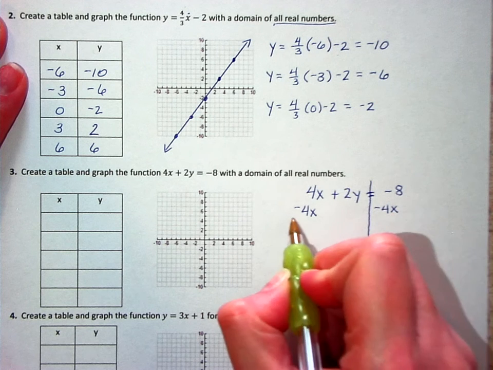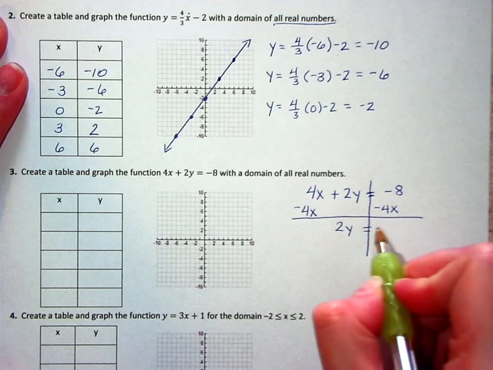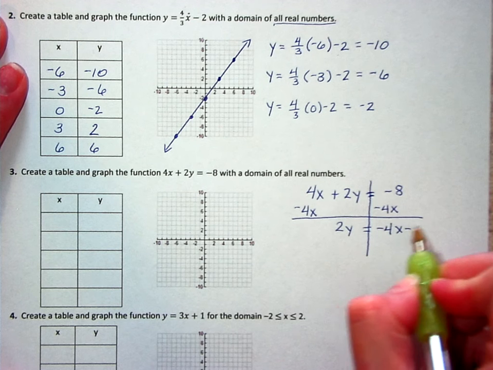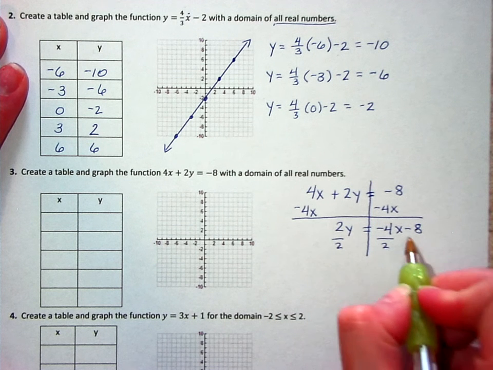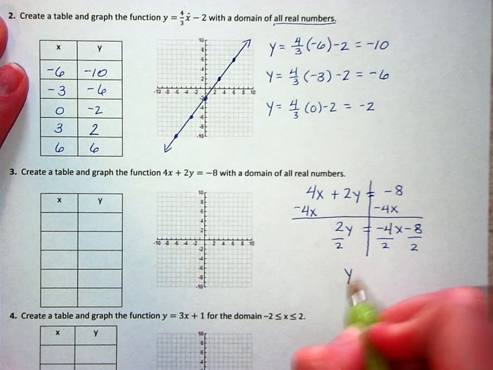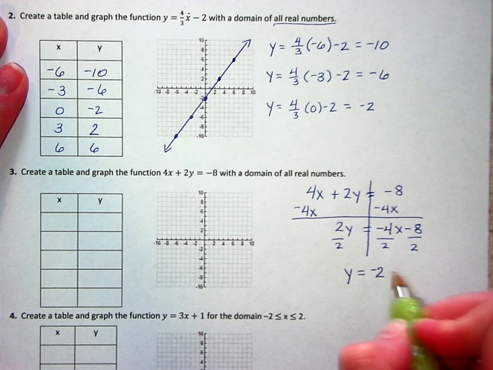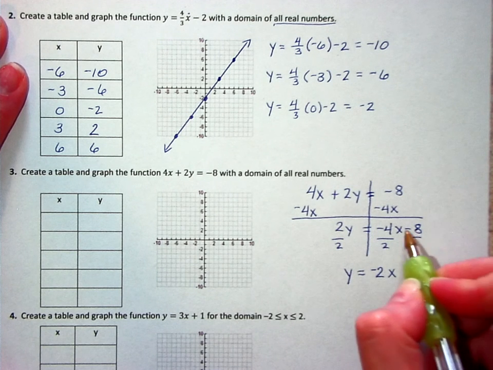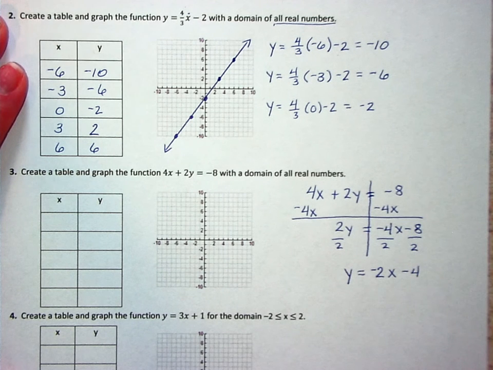Subtract 4x. So 2y equals -4x minus 8. Divide everything by 2. Negative 4 divided by 2 is negative 2x. Negative 8 divided by 2 is negative 4.